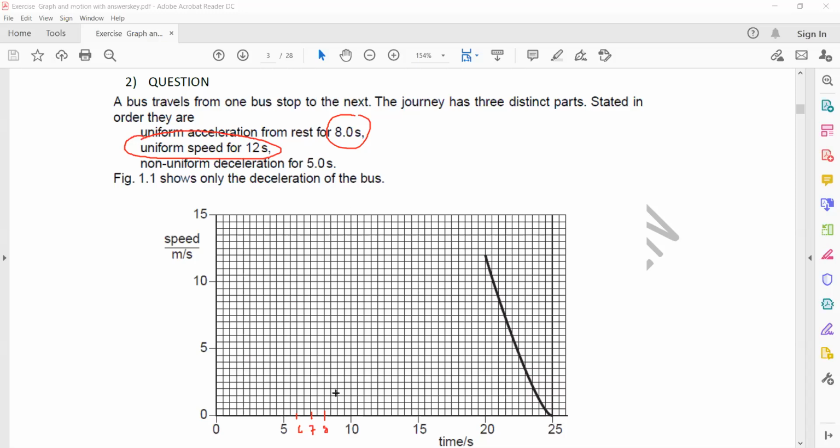Uniform and constant speed have the same meaning. So till 8 seconds it was accelerating from rest, and after 8 seconds it moved with a constant speed. Rest means the speed was 0 and it had a constant acceleration.